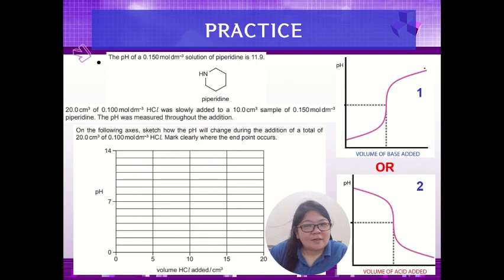Now another question, again you are supposed to choose whether you get curve number 1 or curve number 2. Here we have piperidine with pH 11.9, more than 7 but less than 12. So this is a weak base.